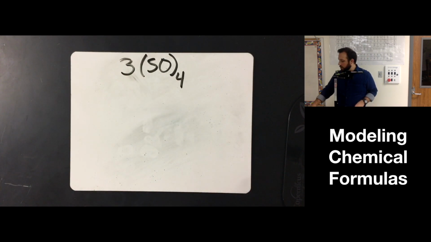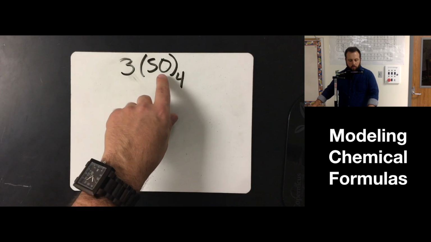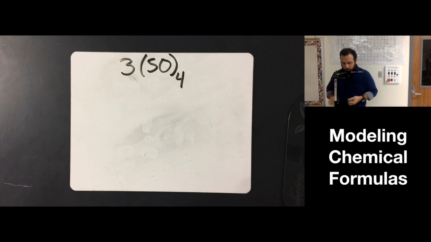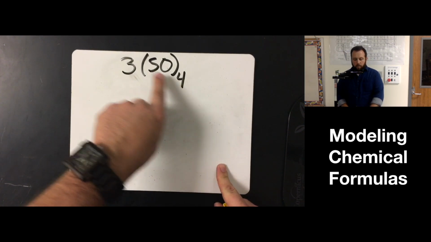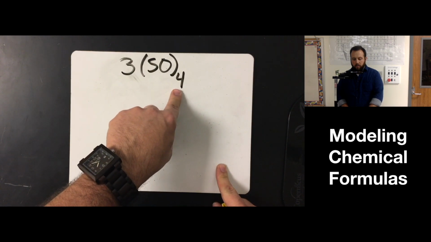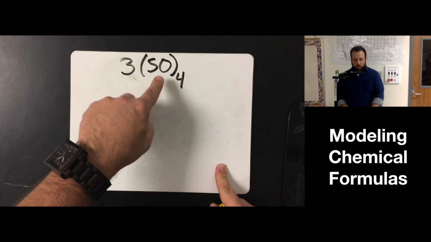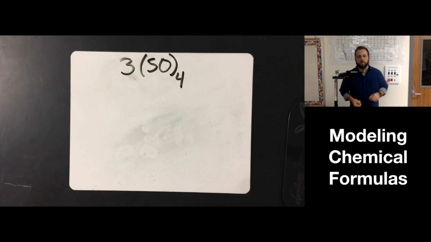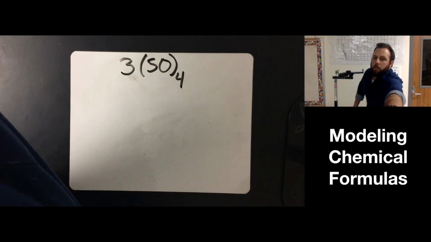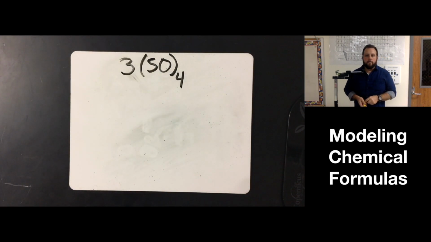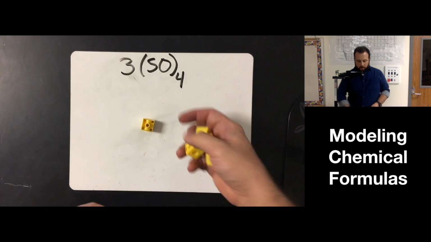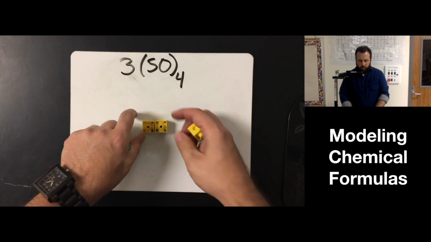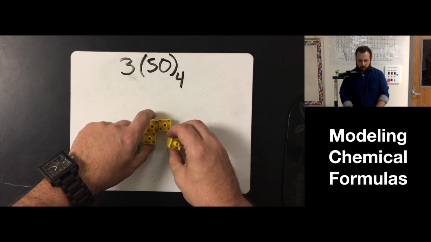So we're going to start with 1 SO4 here. For sulfur, it says there's 1 sulfur, but it's inside parentheses. That tells us we have to multiply this 4 by that 1 that we assume is there. So we've got 1, 2, 3, and 4.